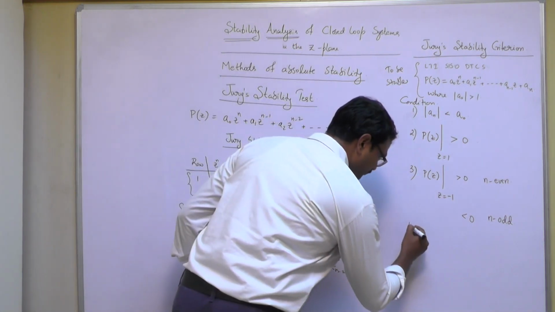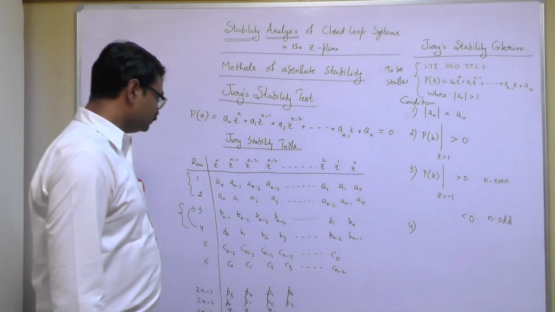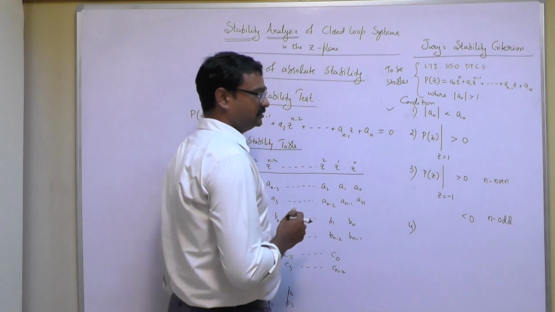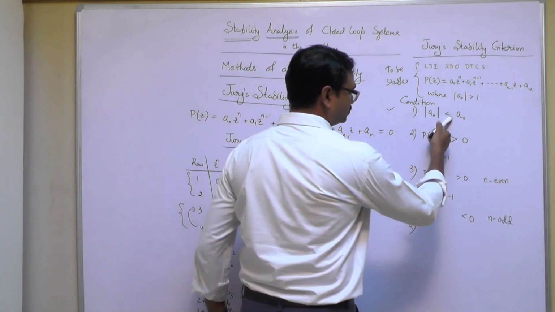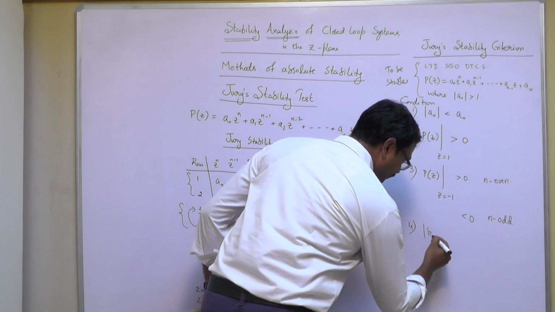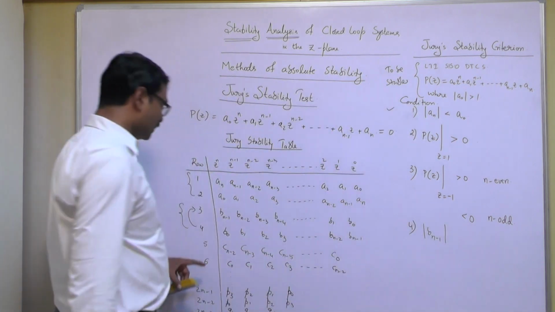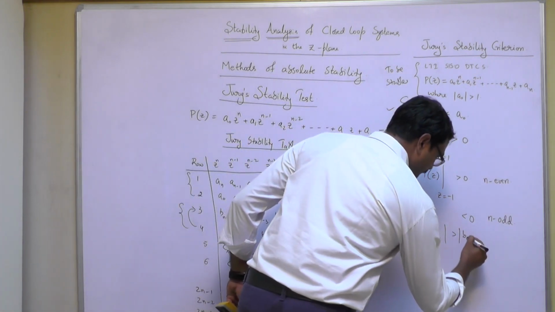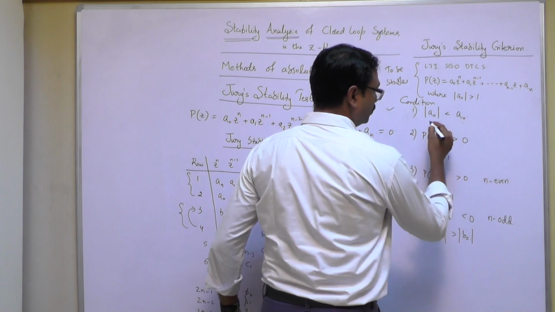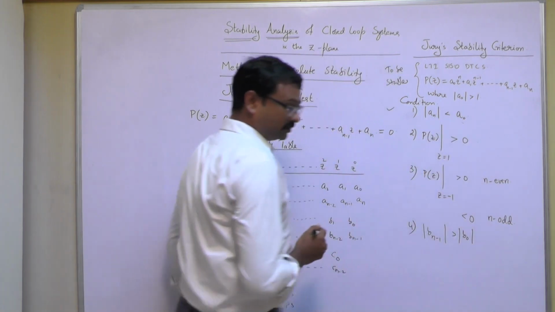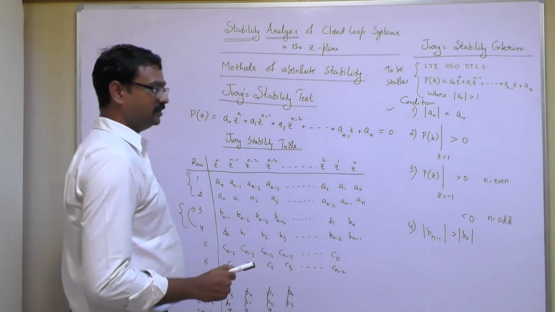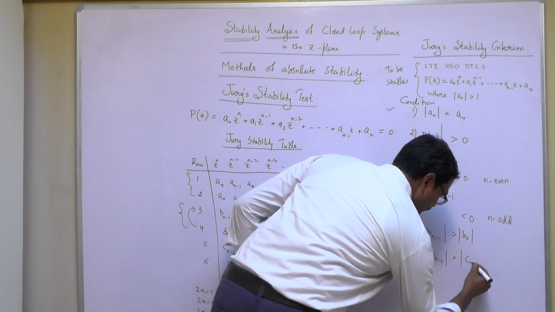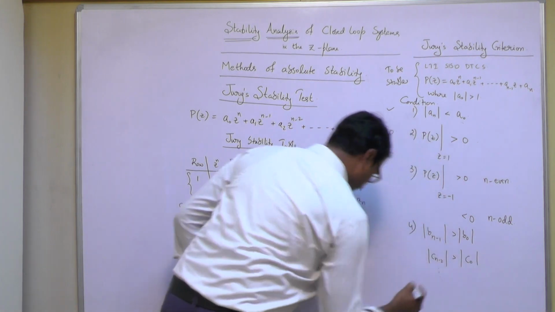And we have the fourth condition, which is similar to the first condition. What is the first condition? Mod an less than a0. But here mod bn minus 1 must be greater than mod b0. Mod cn minus 2 must be greater than mod c0, and so on.